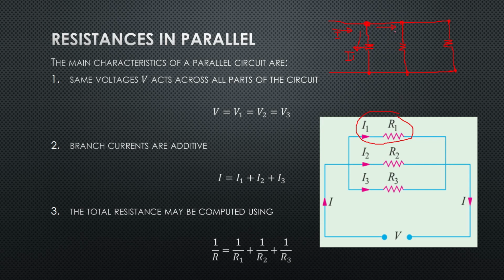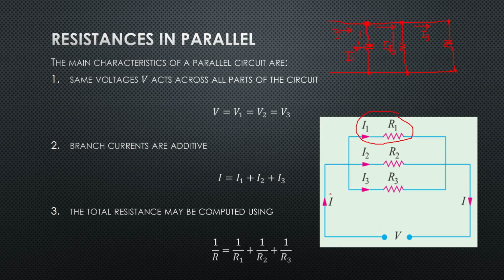Then the current is split again, so this is I2 for resistance 2 as shown here below, and this now becomes I3, passing through here. And it comes out as the total current I.